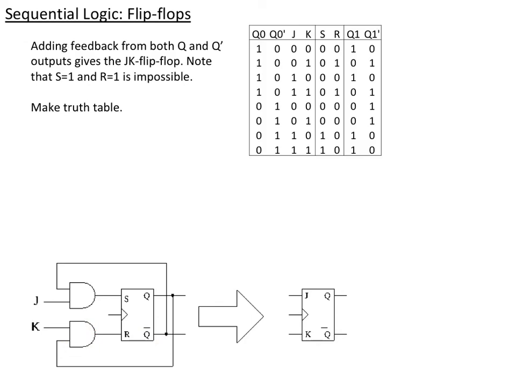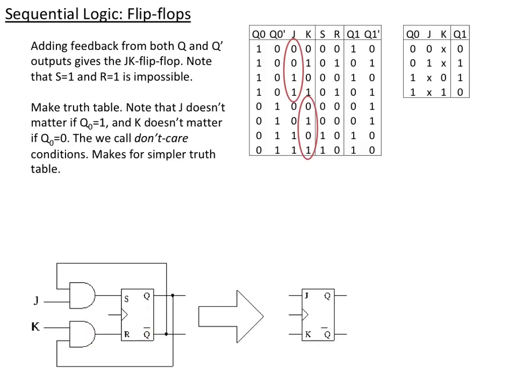I only care about K when Q is 1. And so really, when Q is 1, J doesn't matter. I can collapse the whole thing and just put in "doesn't matter", and make my truth table much smaller therefore.